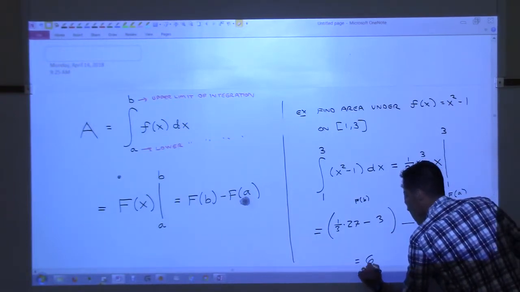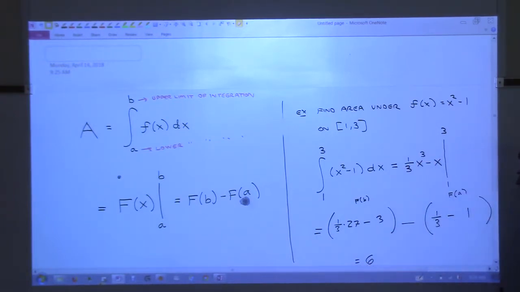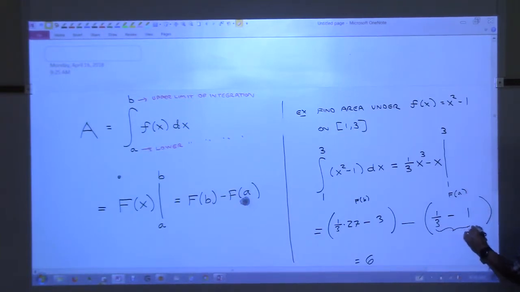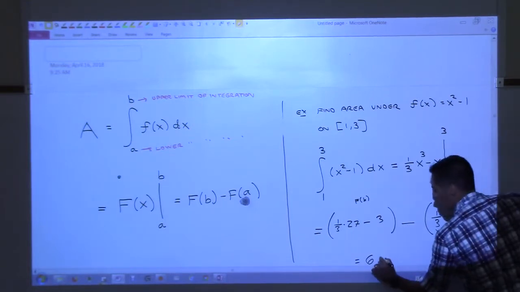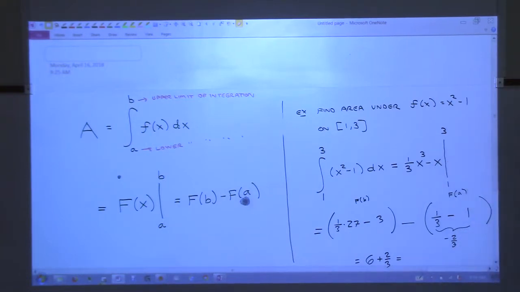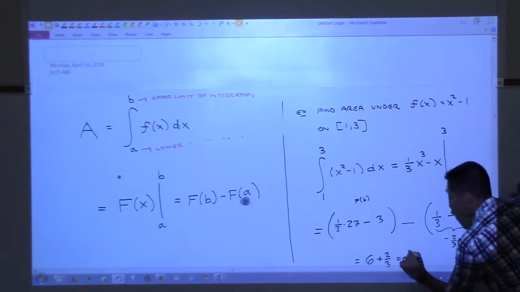So I have 6. And then over here, I have, well, we'll put these two together. What's that? 1/3 minus 1 is negative 2/3. And so I'm going to go, this will be minus, but then minus again, so plus 2/3. And if you get a common denominator there, you're going to get 20/3.